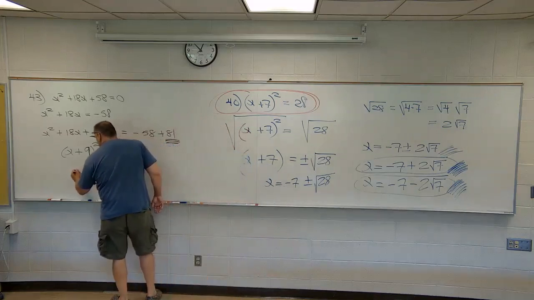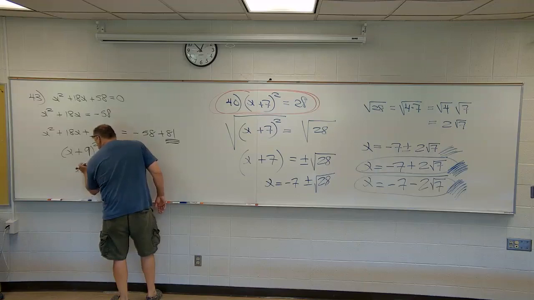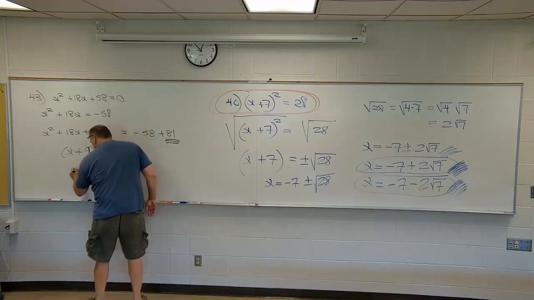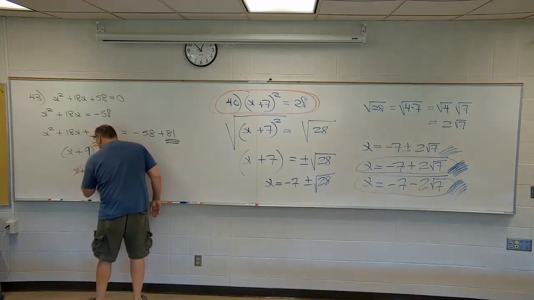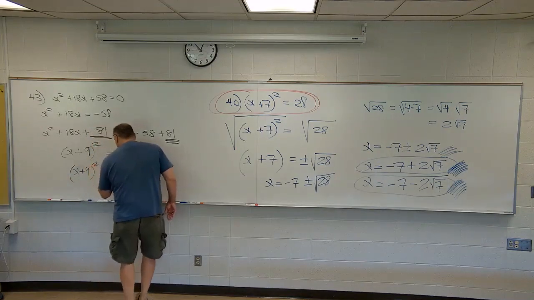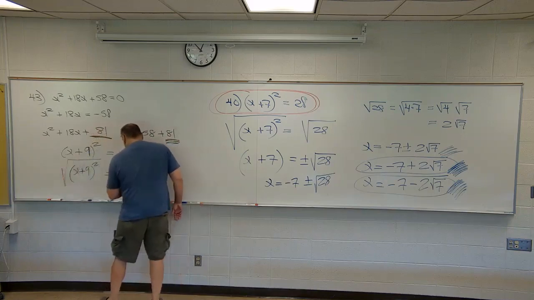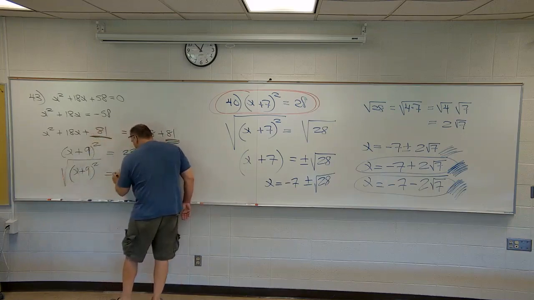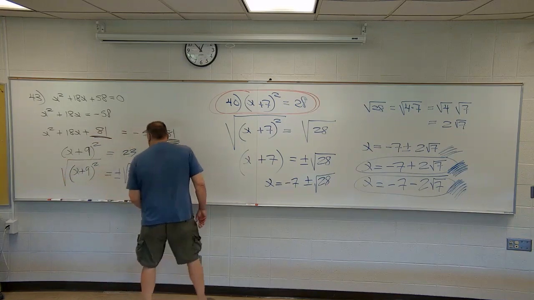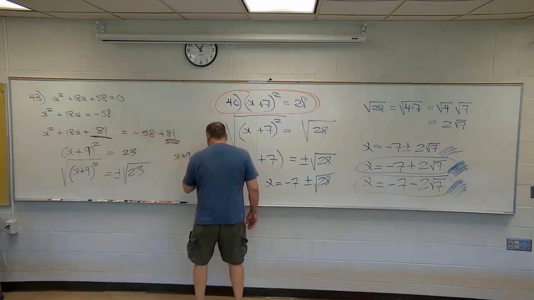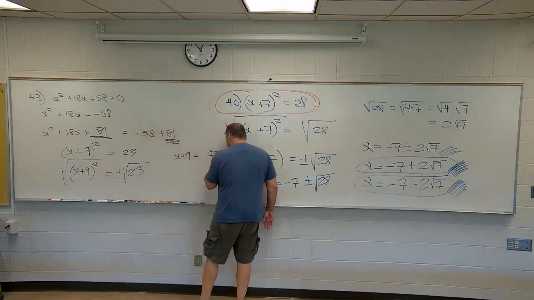Do the square root method here. Square root both sides. That could be plus or minus. That thing's going to be x plus 9, and it can be plus or minus the square root of 23.